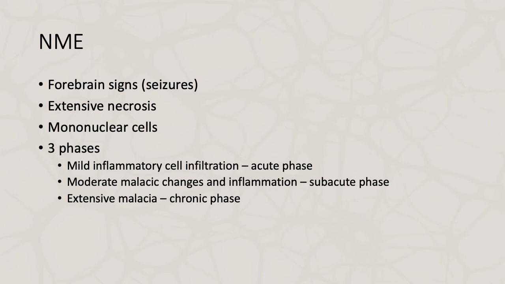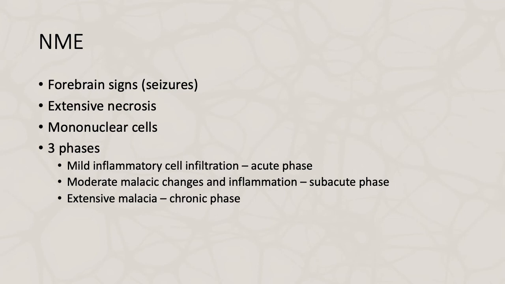Park and colleagues divided the histopathologic lesions of NME dogs into three phases: mild inflammatory cell infiltration in the acute phase, moderate malacic changes and intense inflammatory reactions, especially in the leptomeninges, in the subacute phase, and extensive malacia in the chronic phase. Lesion topography also includes extensive leptomeningeal inflammation.